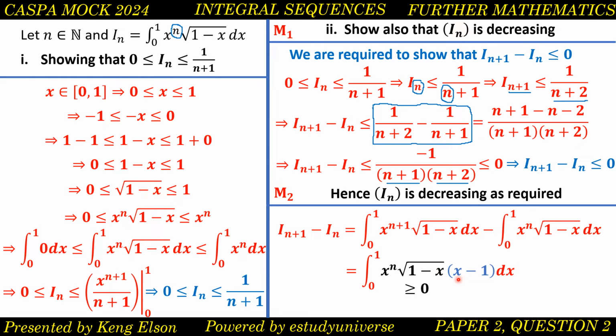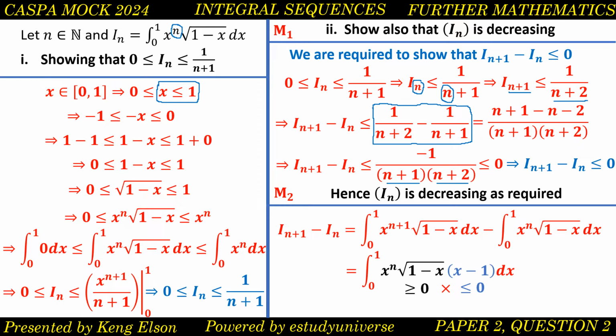Now what about x minus 1? Now remember that x is between 0 and 1, alright? In fact, come to this portion and you're going to realize that if we subtract 1 on both sides, then x minus 1 will be negative. So if I subtract 1 on both sides, I'm going to have that x minus 1 will be less than 0. So this other part is less than 0, and we are multiplying two of them, alright?